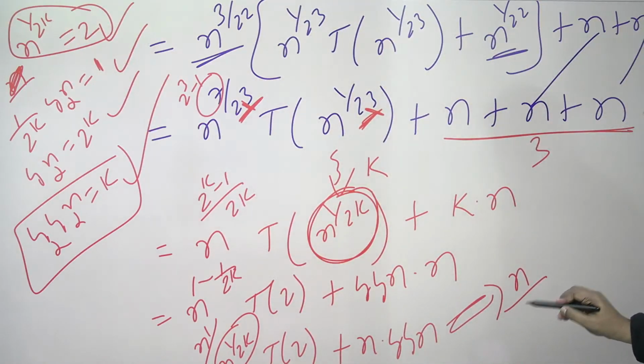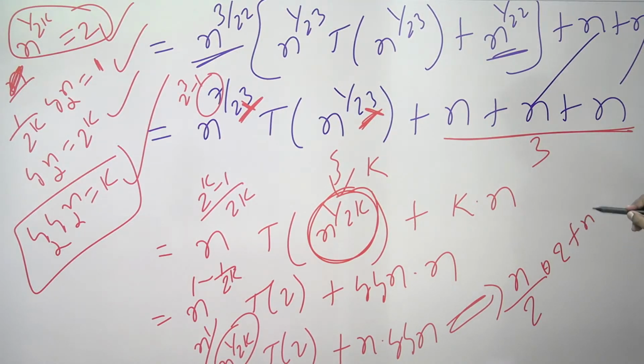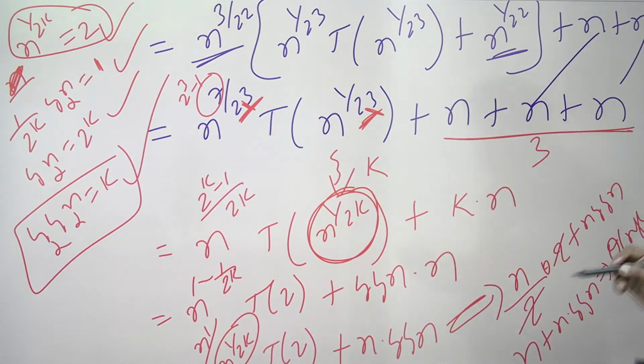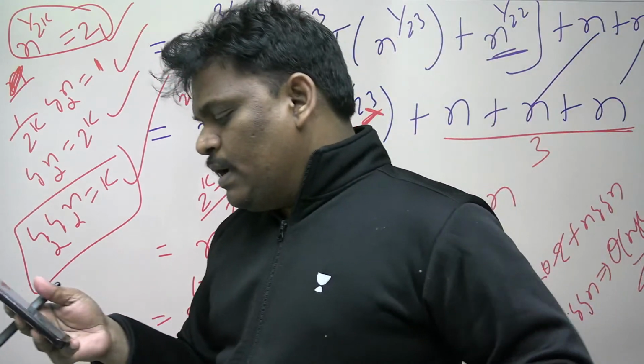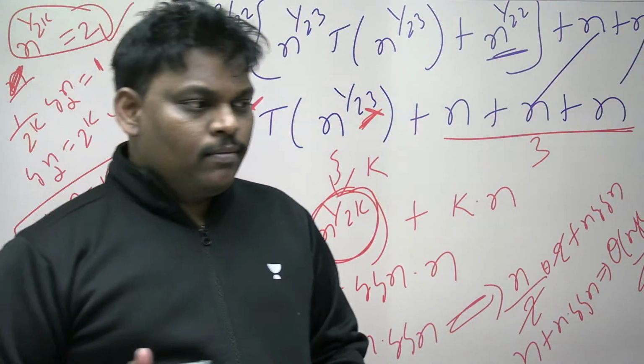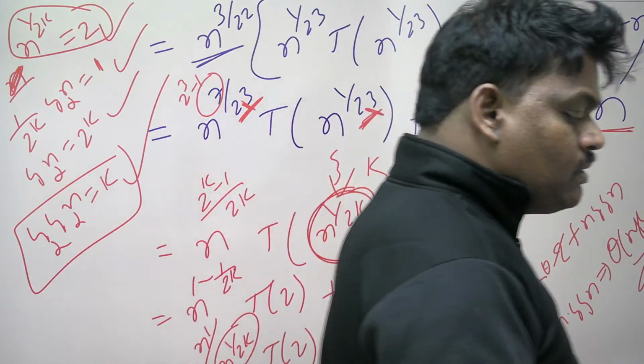This is 2 into T of 2, also 2, plus n log n. 2 cancel. Finally n plus n log n, which will become theta of n log n. Answer is n log n.